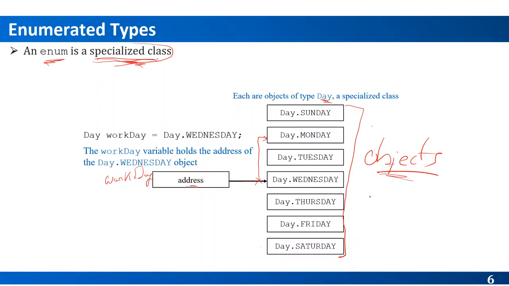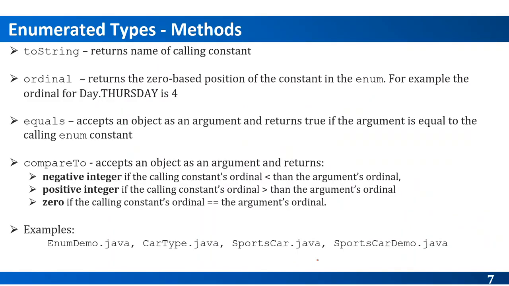And what does that tell us about objects? Since they are objects, what does that mean? It means they have methods. Now, if you look at this, you will find that any enumerated type has the following methods.